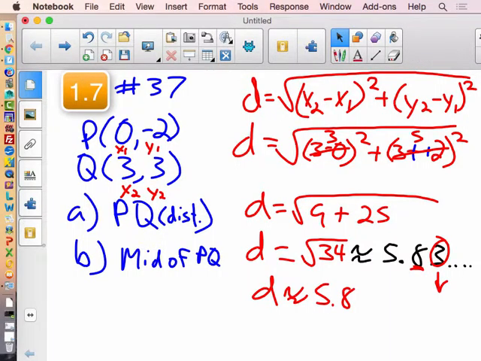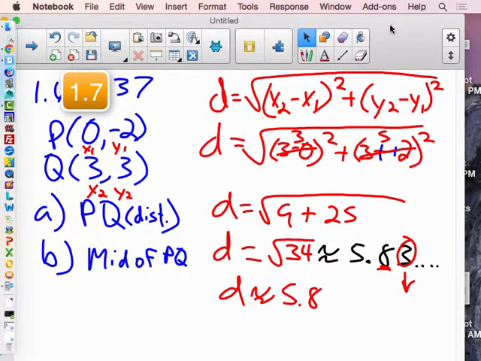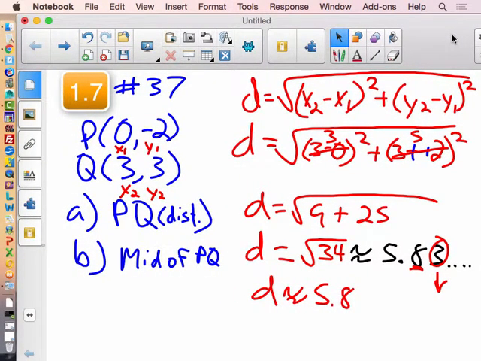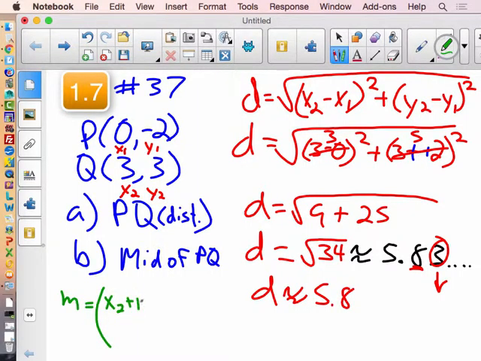I'm kind of running out of room, so let me just do it right here on the bottom. The midpoint is just going to be x sub 2 plus x sub 1 all over 2, comma, y sub 2 plus y sub 1 all over 2.